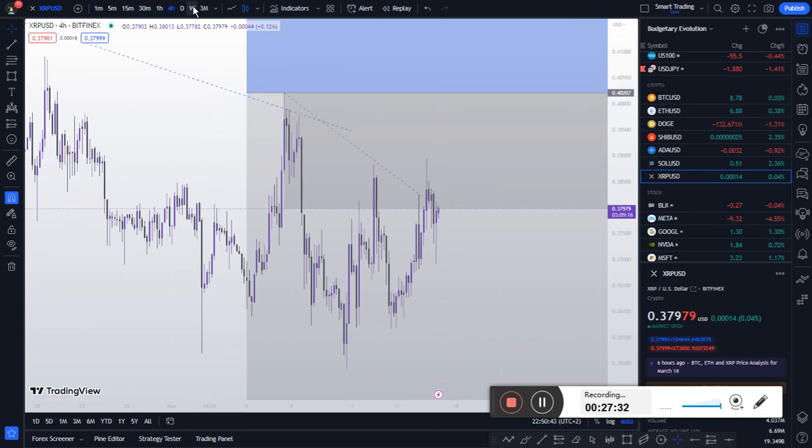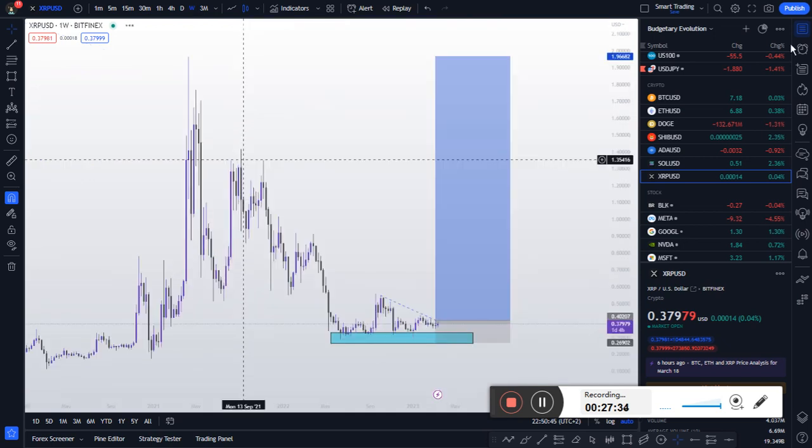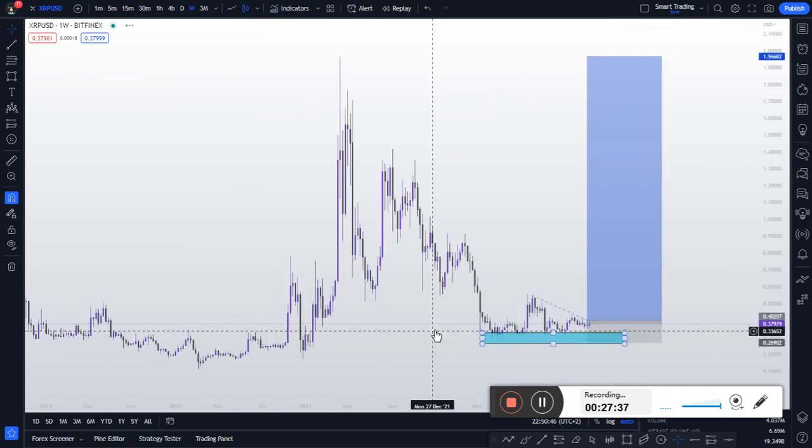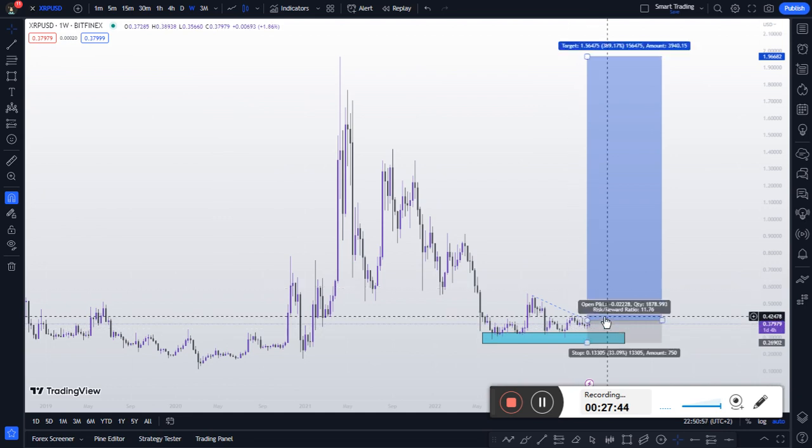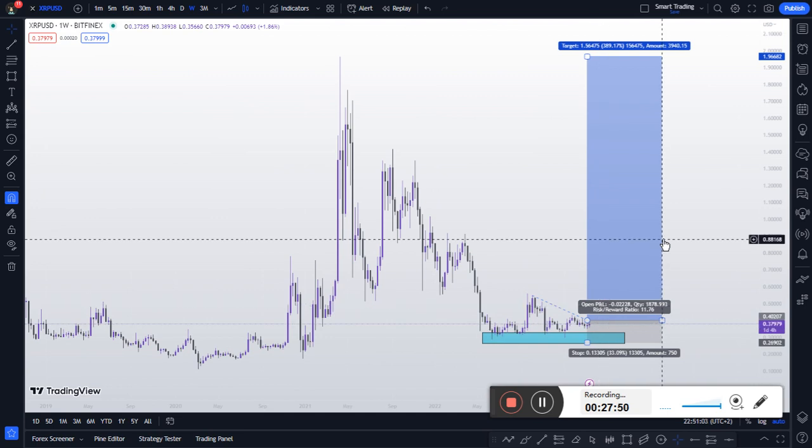If you go on a weekly chart, you see where the XRP is. There are so many banks that have agreed to make XRP the global cryptocurrency. So many banks have regulated this.